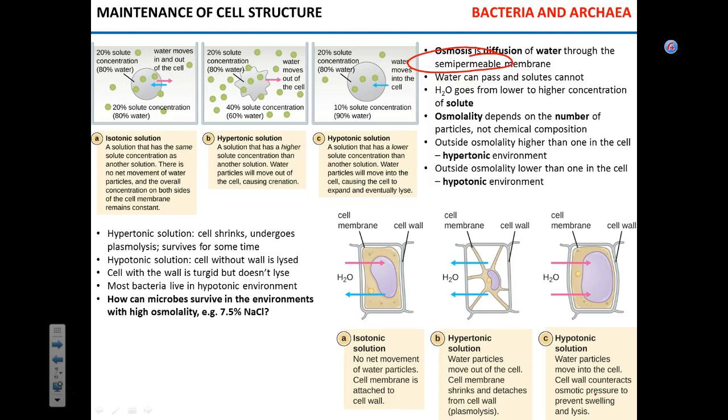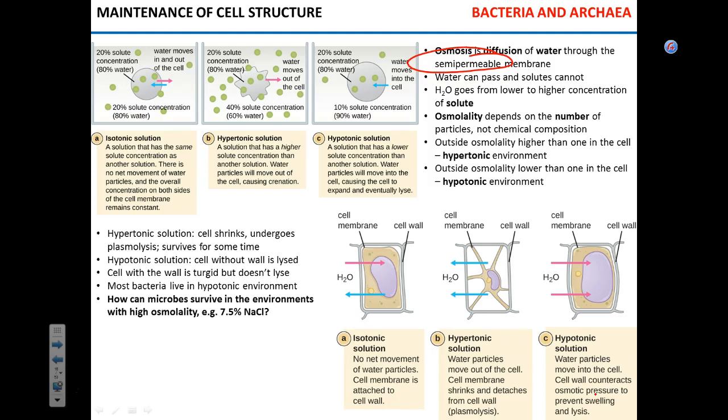So the direction of osmosis is from low concentration of solutes to high concentration of solutes. It's kind of a mnemonic rule here. Not so much mnemonic, but kind of a common sense rule.